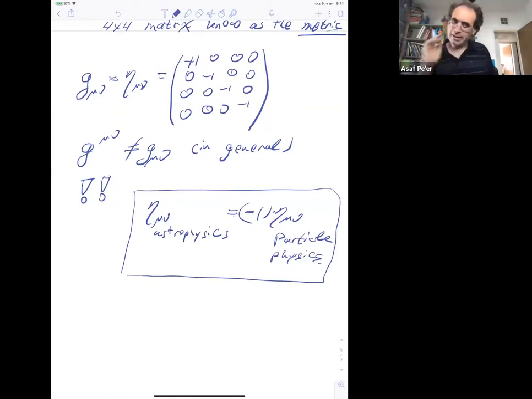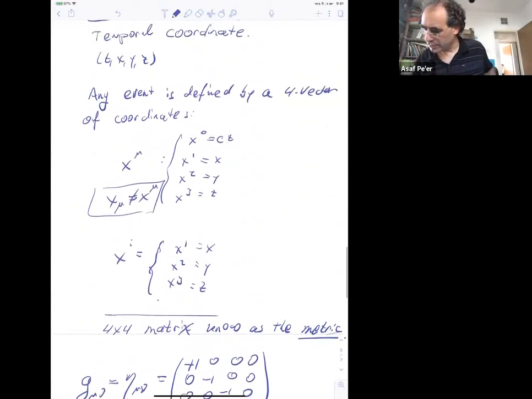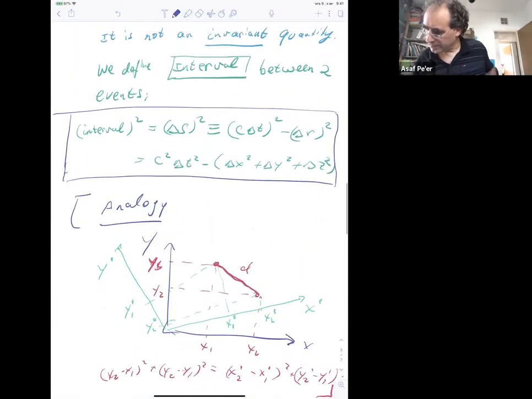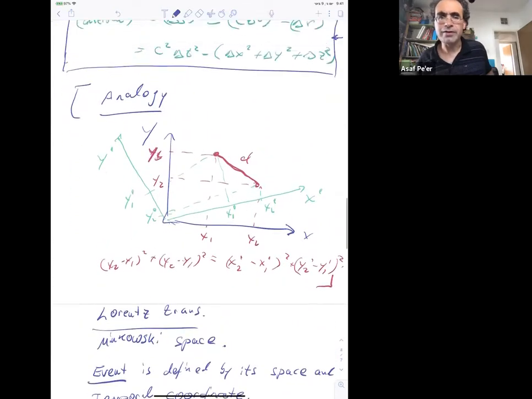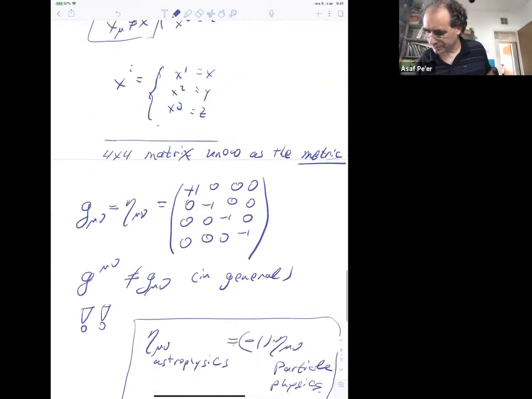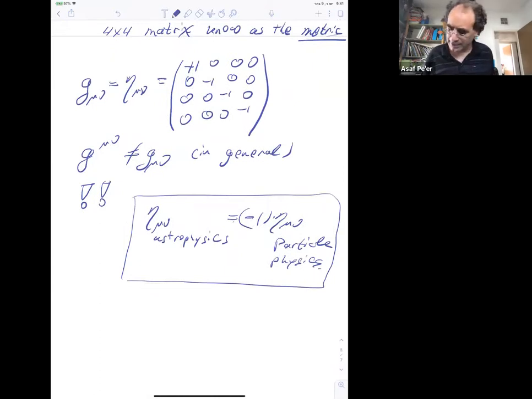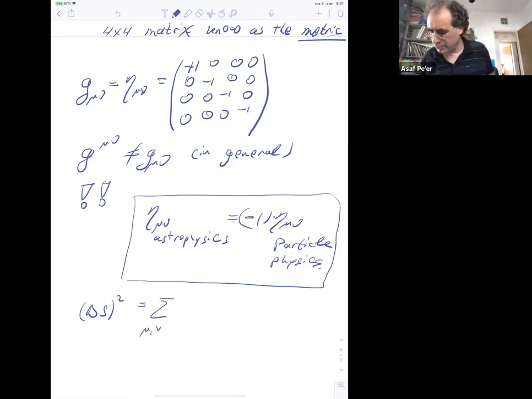Now I can write down the interval. I didn't do it for nothing, right? I do it for a purpose. And the purpose is to write down the interval in a compact way. How can I write it in a compact way using this new notation? It's going to be very simple. So delta S square is the interval. You just sum over mu and nu, which go from 0 to 3.